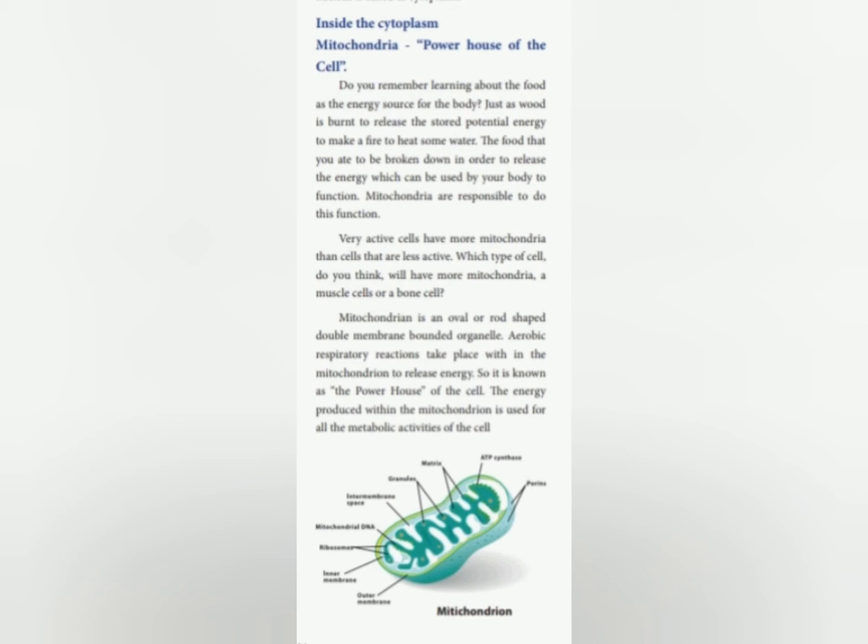Very active cells have more mitochondria than cells that are less active. Which cells are very active? Those contain more mitochondria.